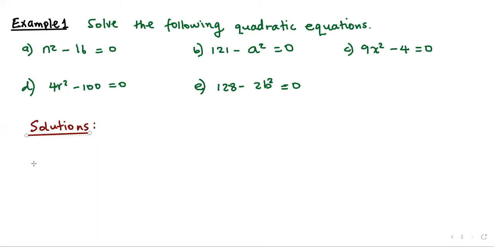We begin with A. We have n squared minus 16 equals 0.